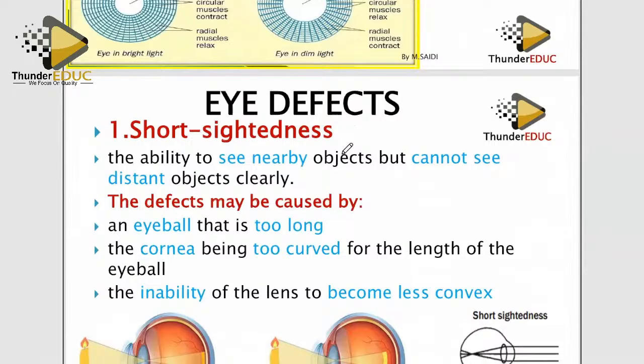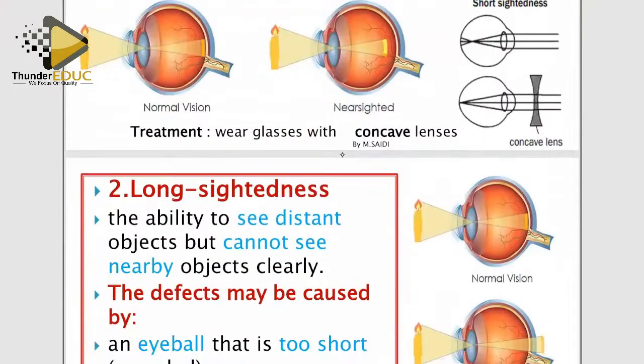It is simple. When you say short sight, what does it mean? Sight meaning that you are able to see objects which are at a short distance. When you say long sight, it means that you are able to see objects which are at a long distance.